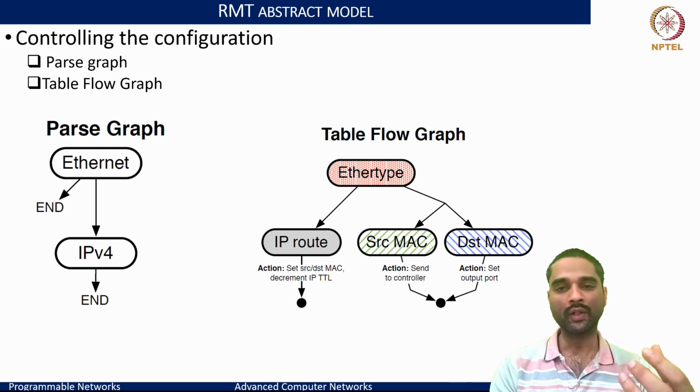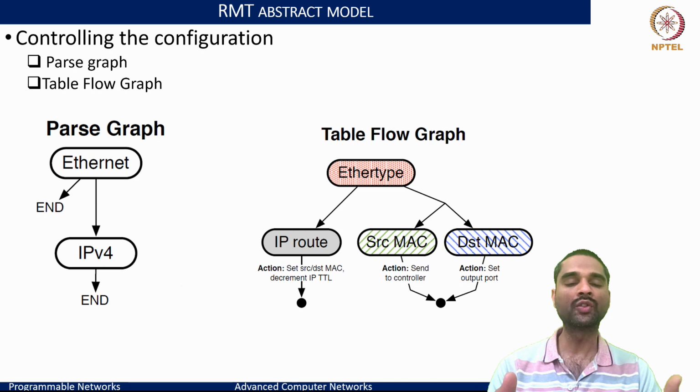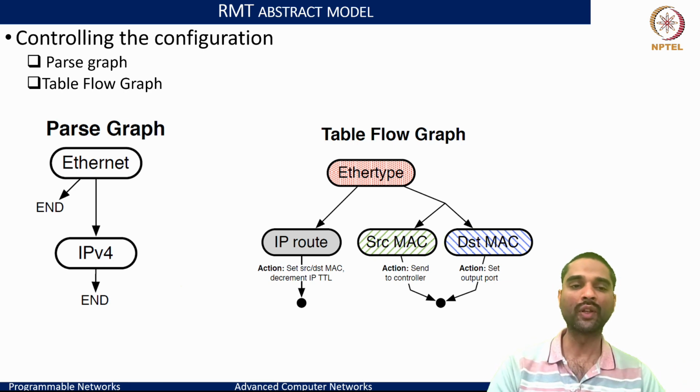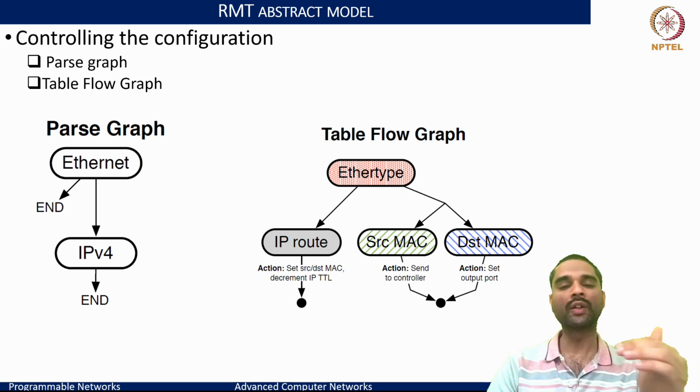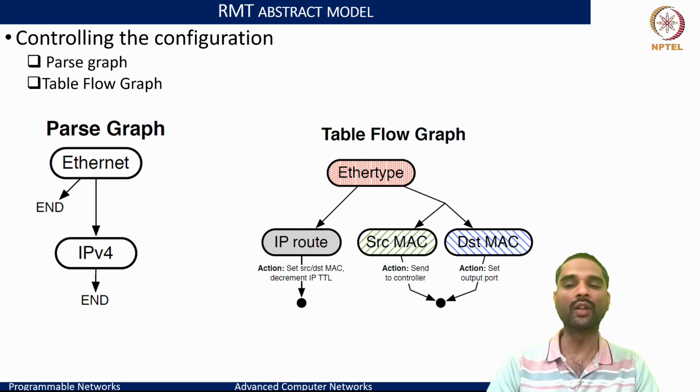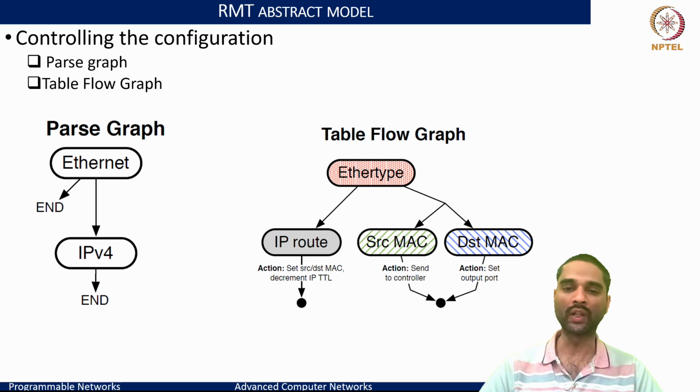So the table flow graph dictates what kind of actions you want to take at each of these parsed entities, while the parse graph maintains the state of what headers you have matched, and for each header, what kinds of action you want to take.